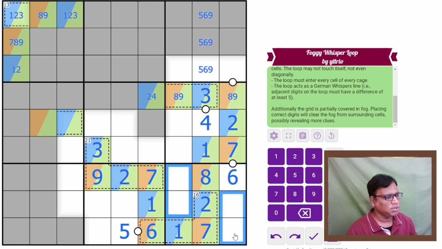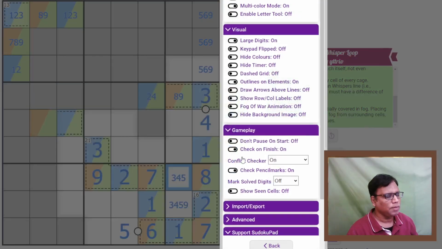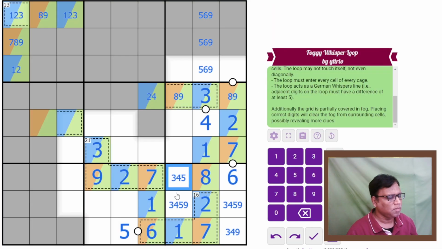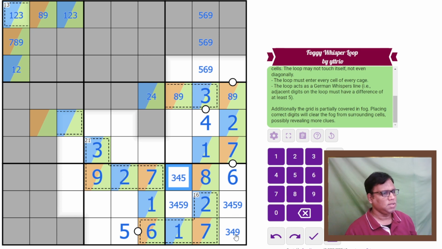These 4 digits: 1, 2, 3, 4, 5, 9. Okay. Again, this is not 5, this is not 9. But let me go and remove the pencil mark. So that's 3, 4, 5, that's 3, 4, 5, 9, that okay, 8, 9, 8, 9, 2, 4.